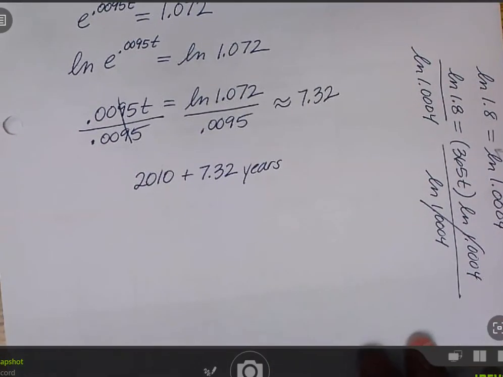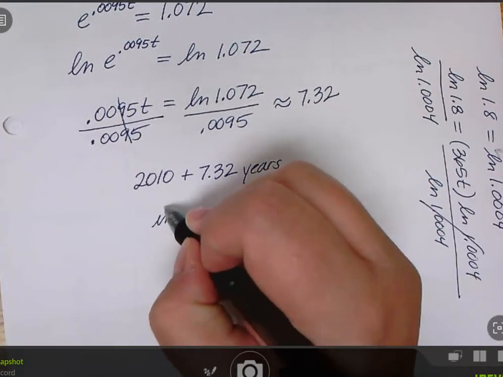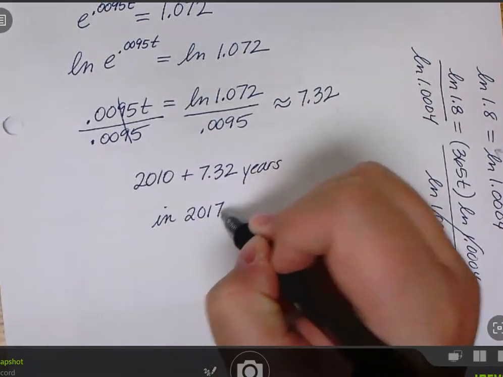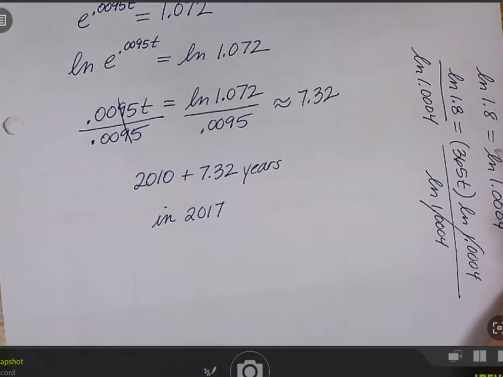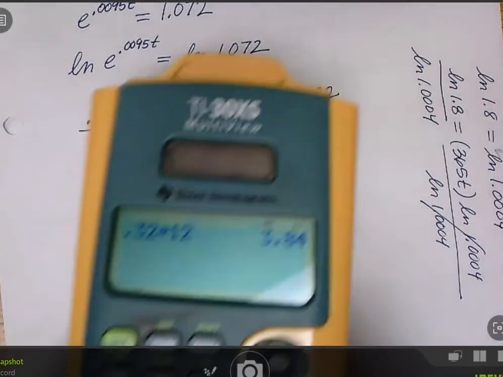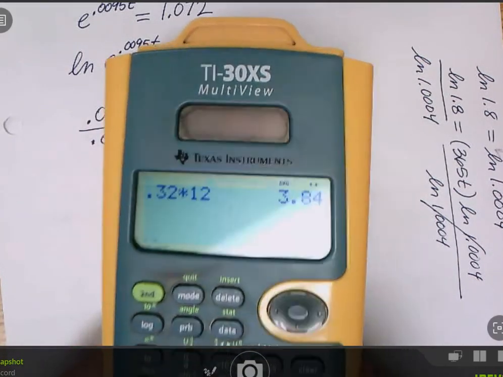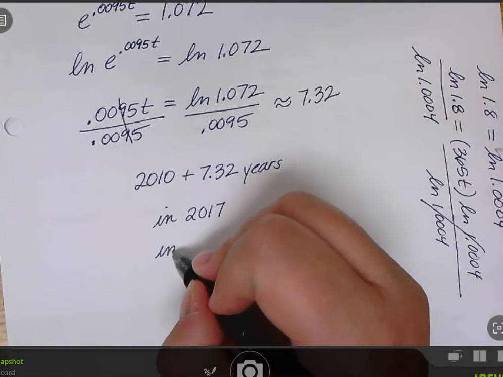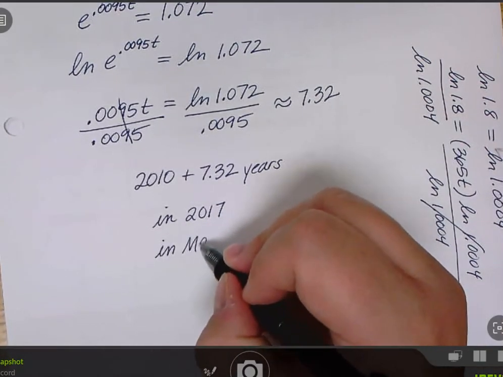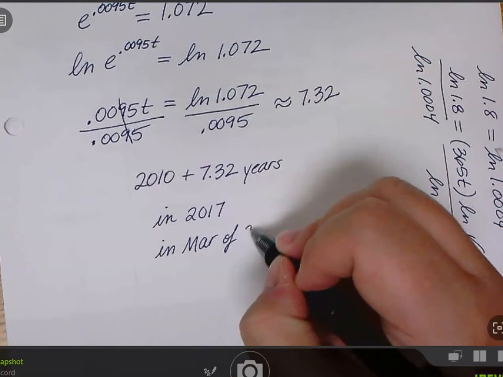Depending on how specific you're expected to be, you could say in 2017, sometime in 2017, or you could say 0.32 is how much of a year. It's a little bit more than 3 months. You could say in the 3rd month, which is March of 2017.